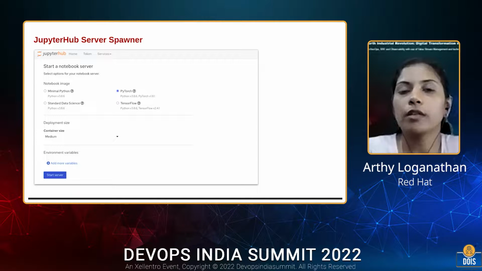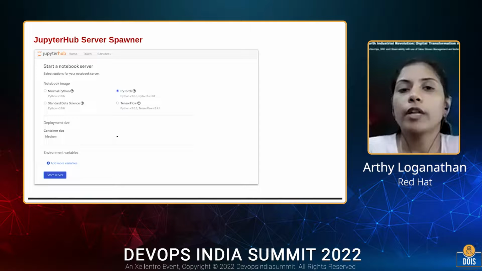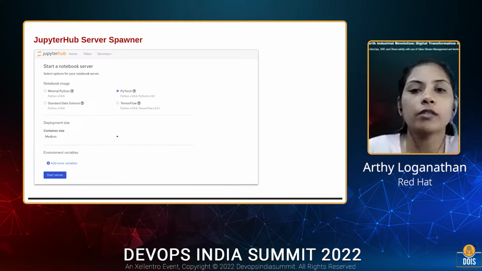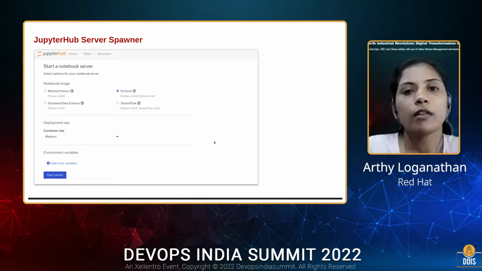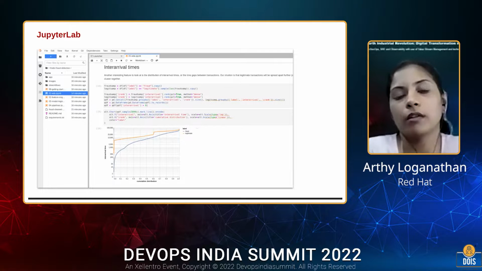The environment section is used to load dynamic variables that you don't want to save in the notebook. For example, you can give secret access keys for an S3 bucket in the environment section so that they will not get saved in your notebook. Then once you have entered all the data, start the notebook server. Once it is started, you can experiment with your notebook.